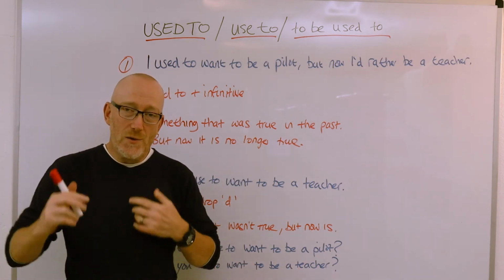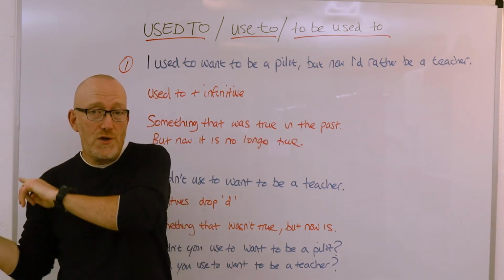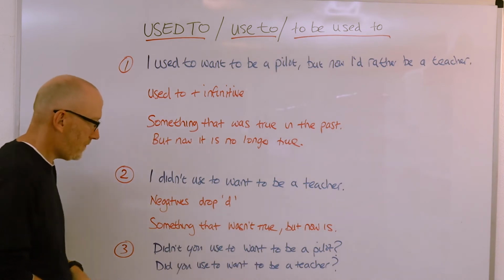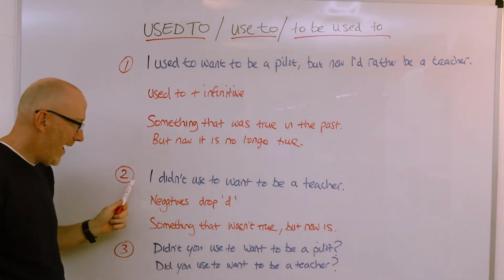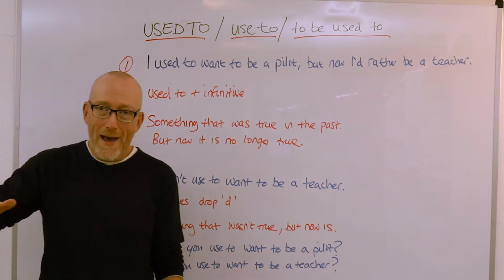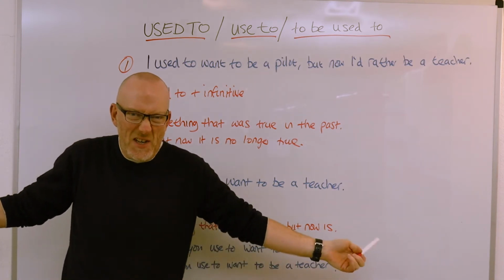Yeah, so it's describing something that was true in the past but is no longer true. The negative of that, I didn't use to want to be a teacher. When I was 7 or 8, I didn't want to be a teacher.